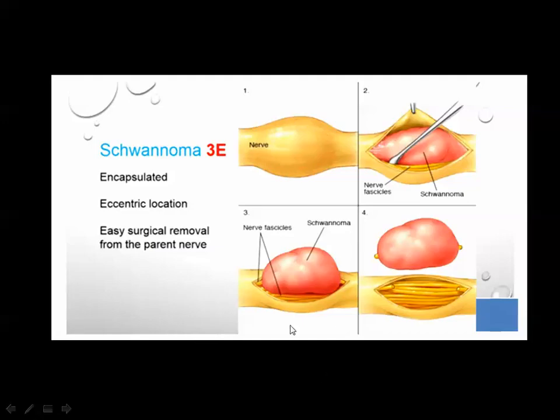Schwannoma is characterized by three E's. Number one, encapsulated tumor, eccentric location, easy surgical removal from the parent nerve. And you see here that the schwannoma is eccentric, and you can remove it with the nerve almost intact.